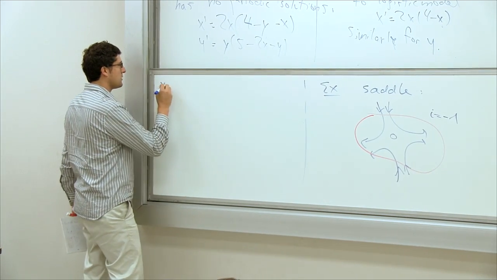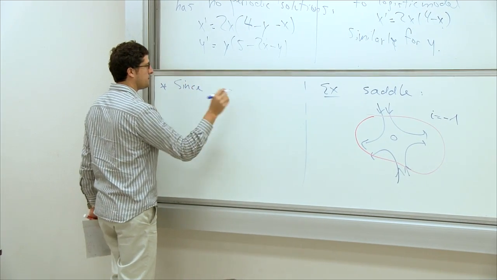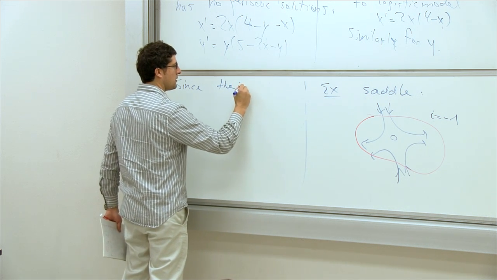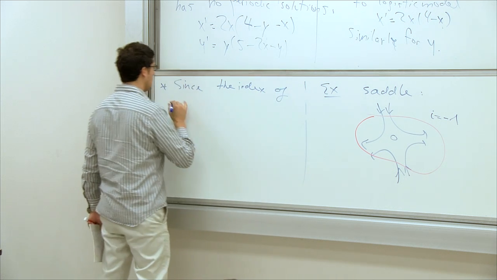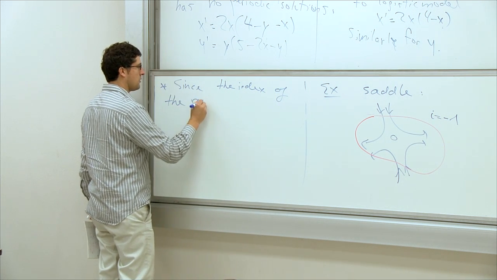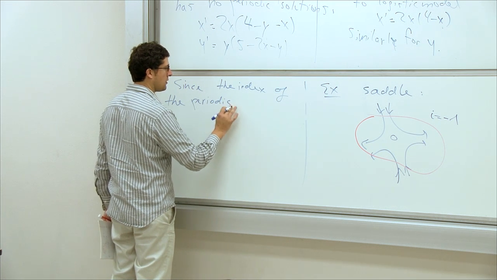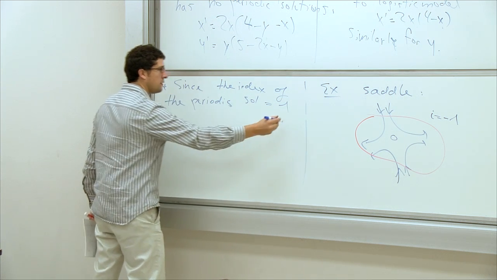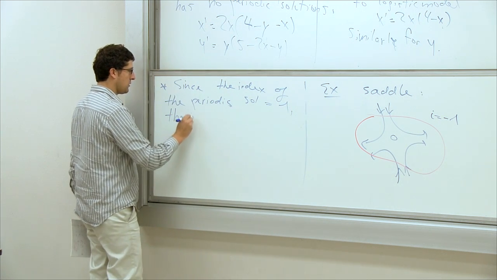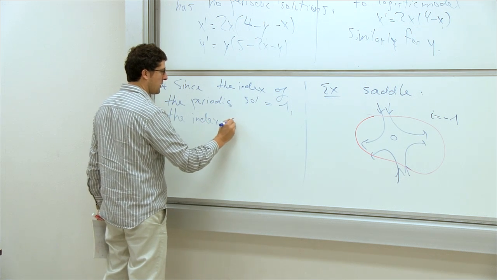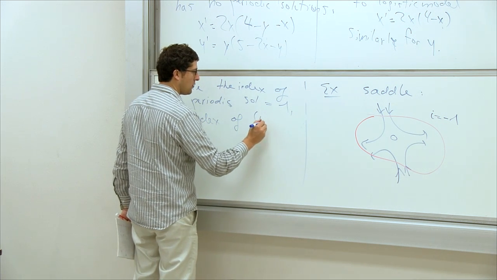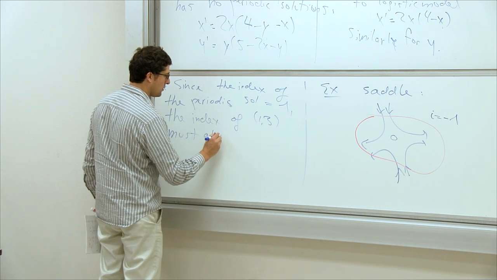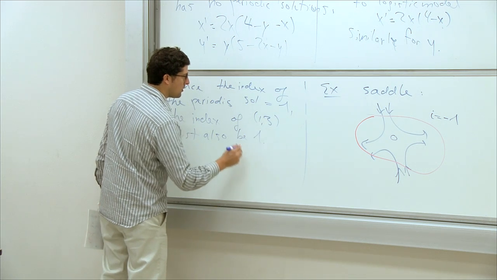Okay, since the index of the periodic solution is equal to 1, the index of the steady state 1, 3 must also be equal to 1.